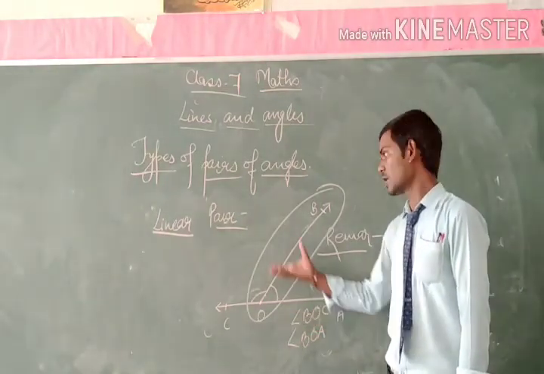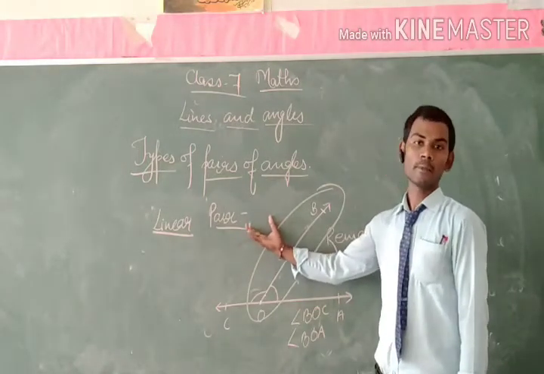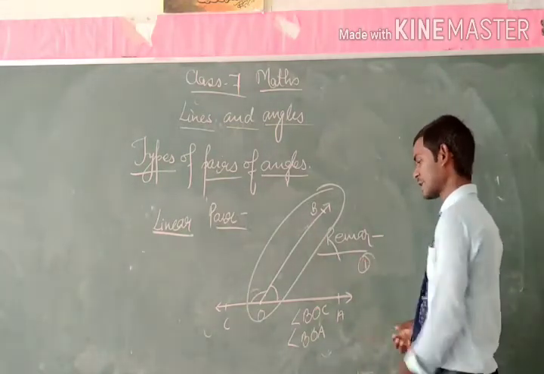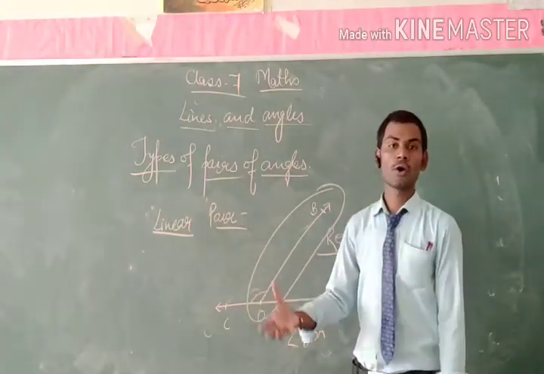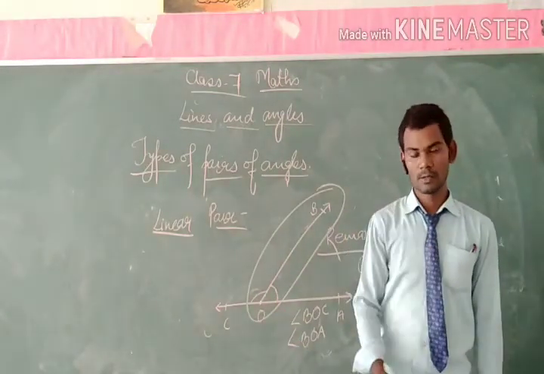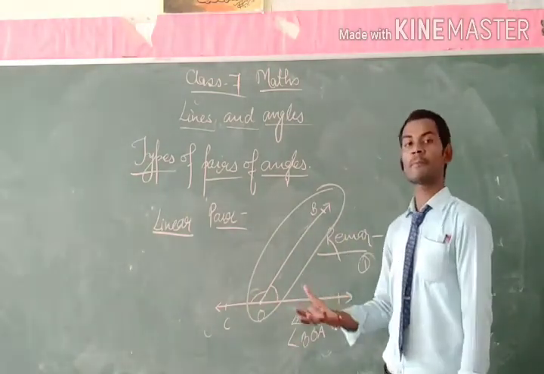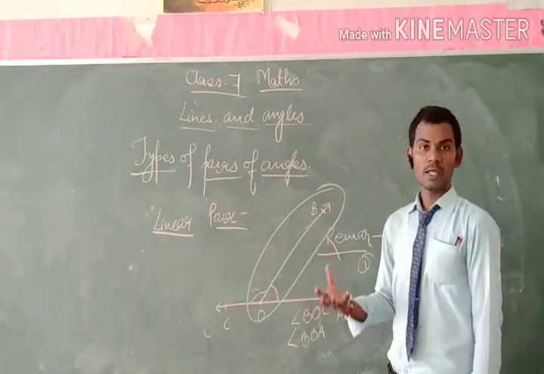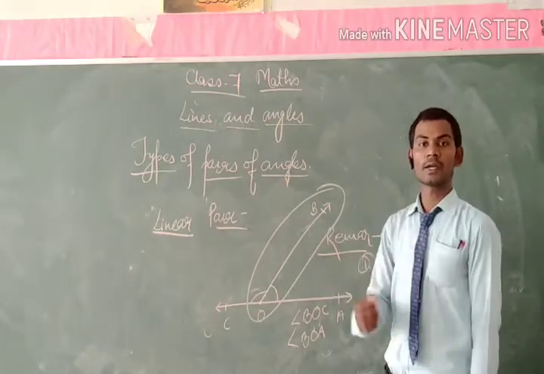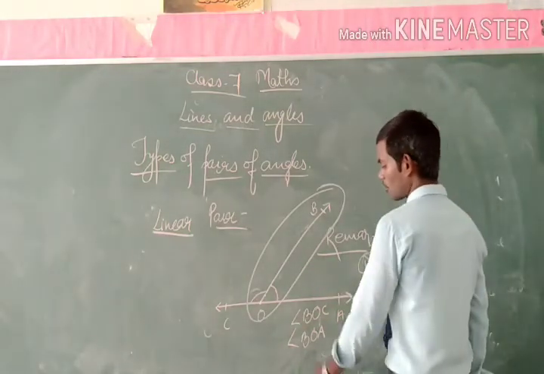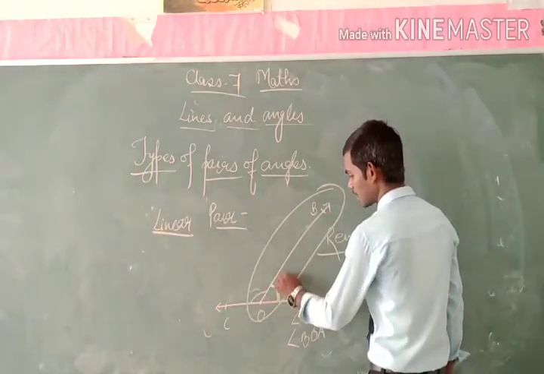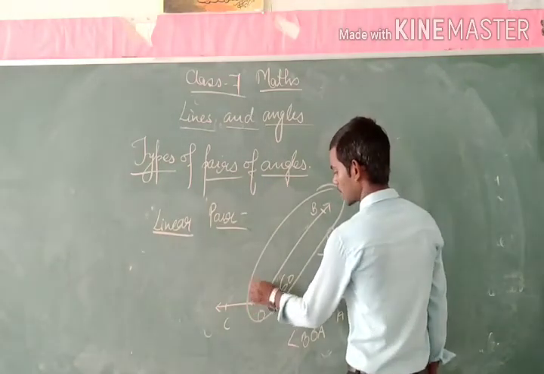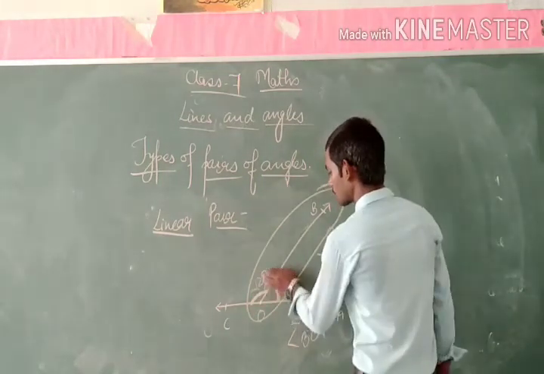So we say that a linear pair forms adjacent angles. And why do we say that a linear pair forms supplementary angles? Because the sum of their measures is 180 degrees. Suppose the measure of this angle is 60 degrees, then the measure of the second angle must be 120 degrees.